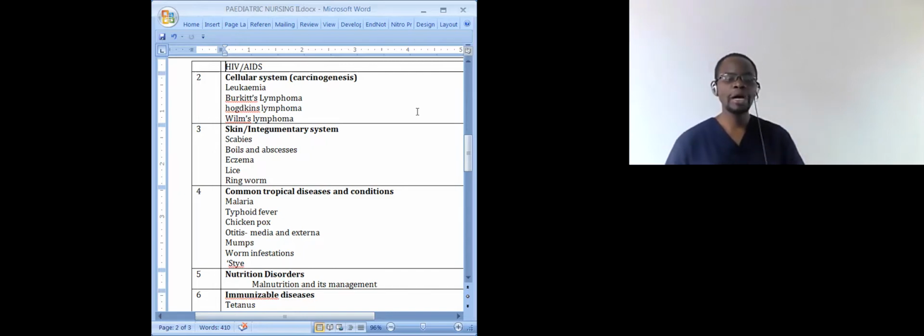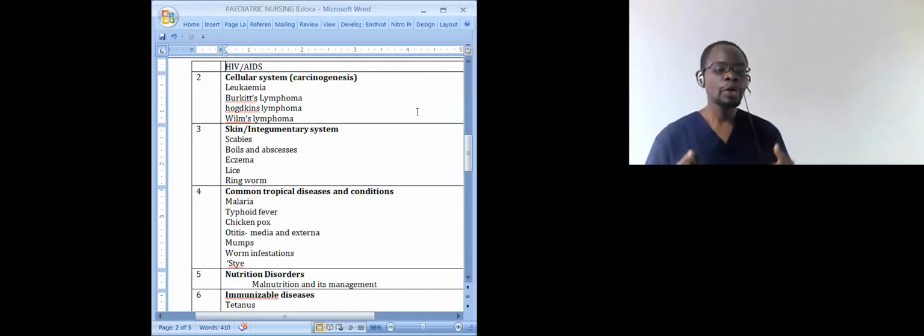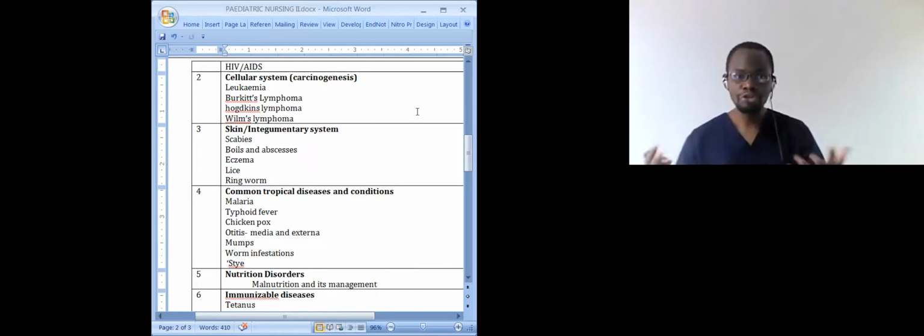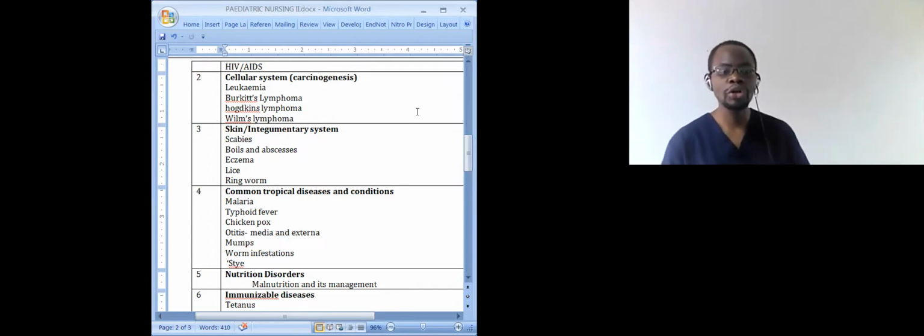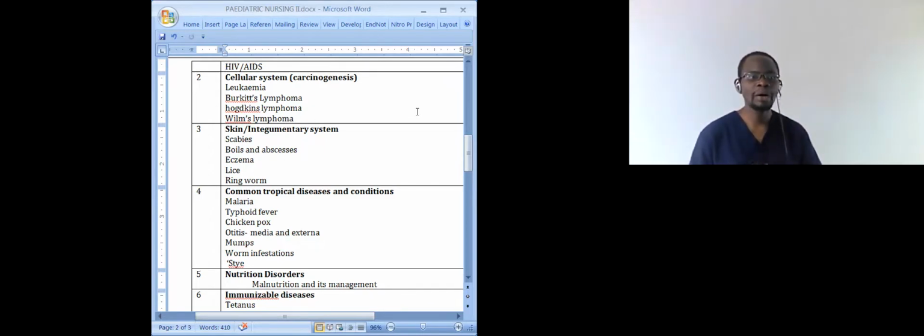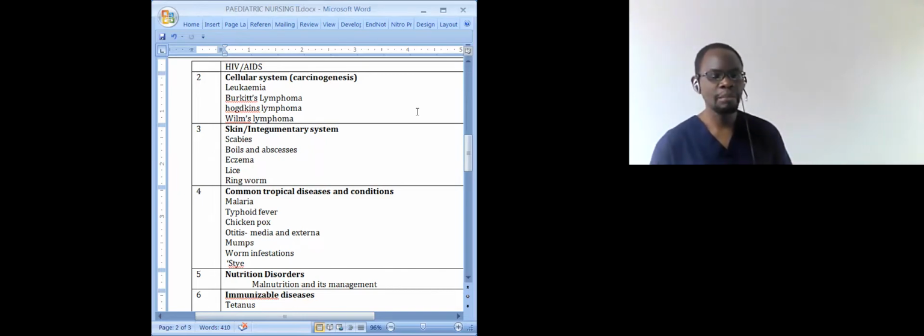And then we shall also talk about nutrition. Here, we shall mainly dwell on malnutrition and how it is managed. So here we shall look at the integrated management of acute malnutrition, whereby we shall classify malnutrition and see how it is managed.